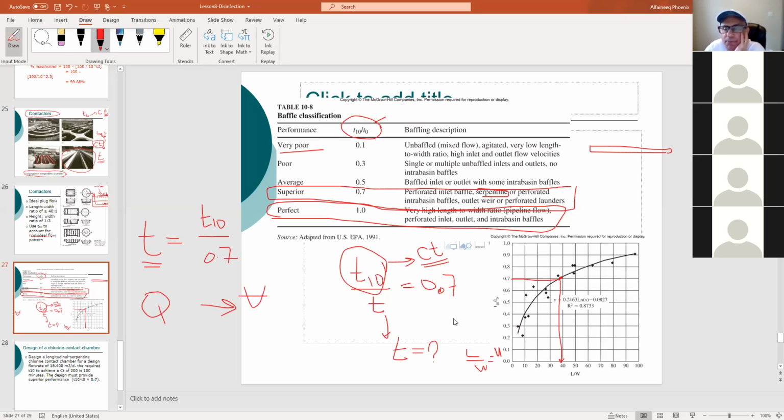right? Look at this one. This is very interesting. T naught over T equals 1. This means you have no short circuiting. You have a perfect, ideal plug flow. But this happens when? Big length. Wow, look at that.